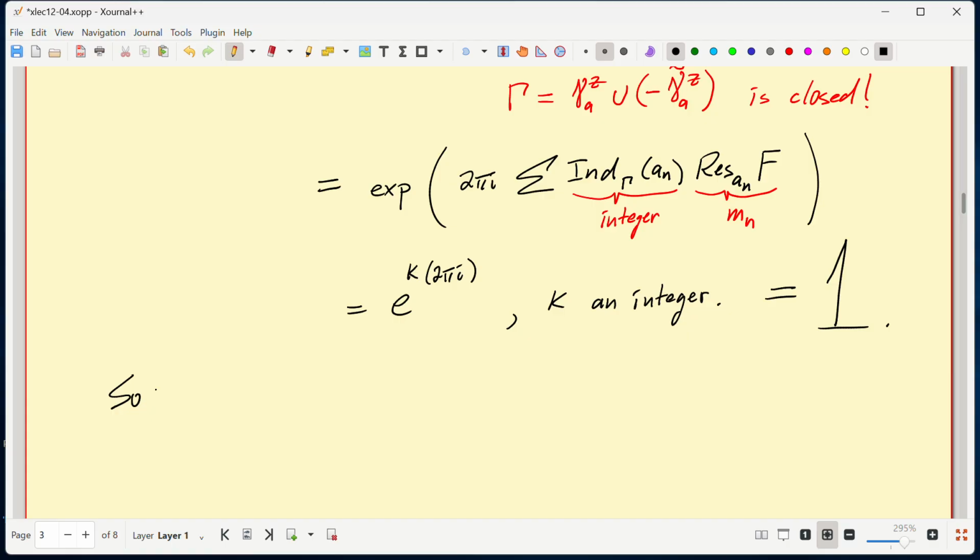When you realize you can do something like that, you see how powerful the general residue theorem is. So f of z equals f twiddle of z, independent of the choice of curve, as long as you stay away from the poles.